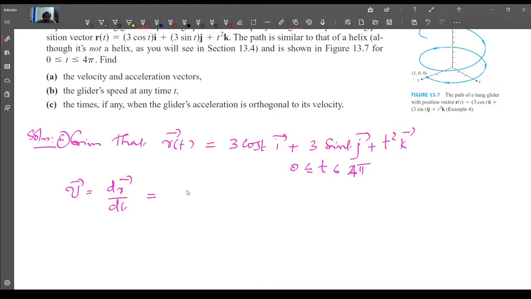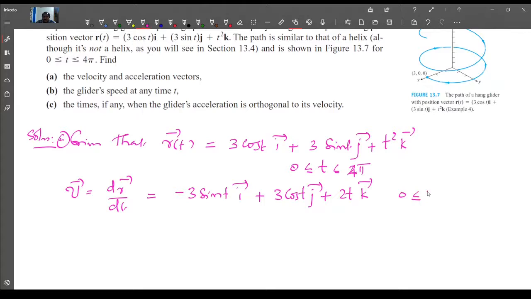So this is equal to minus 3 sin t i plus 3 cos t j plus 2t k. Differentiating 3 cos t you will get minus 3 sin t, differentiating 3 sin t you will get 3 cos t, and differentiating t square with respect to t we will get 2t.